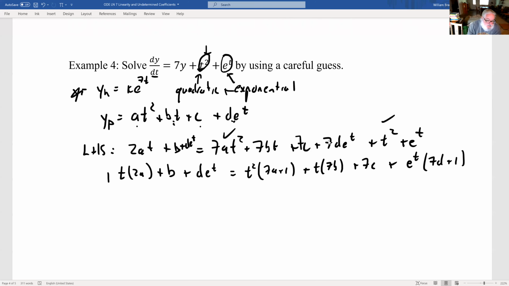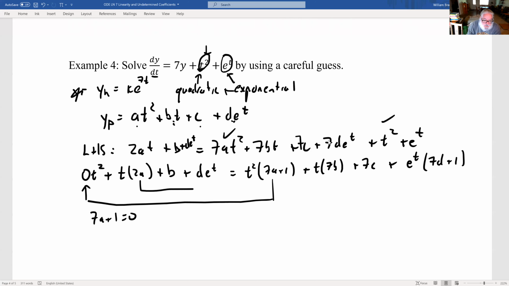So this is secretly also 0t squared right out the front. So we have to be able to match coefficients. We get 7a plus 1 equals 0. The coefficients of t have to be the same.